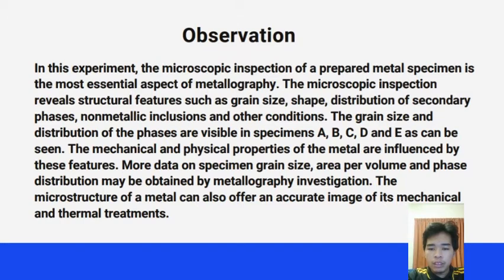The mechanical and physical properties of a metal are influenced by this characteristic. More data on specimen, grain size, area per volume, and phase distribution may be obtained by metallographic investigation. The microstructure of a metal also can offer an accurate image of its mechanical and thermal treatments.